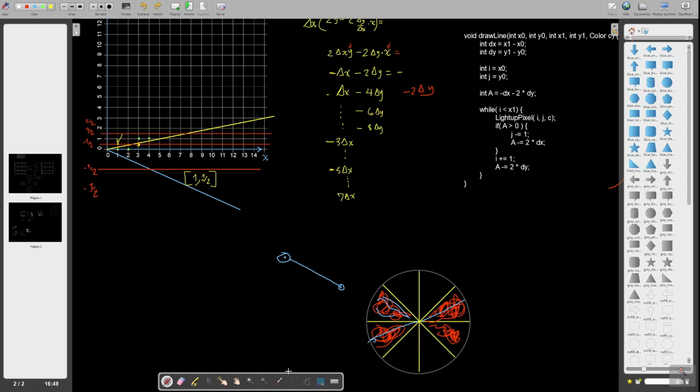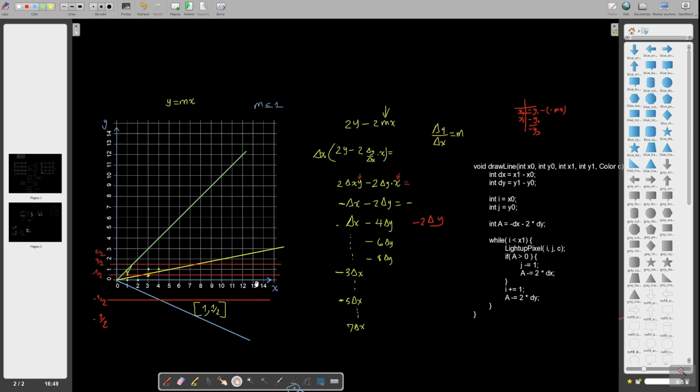Because if you notice, the same logic that we applied to this situation right here is at the end going to be the same that happens here.